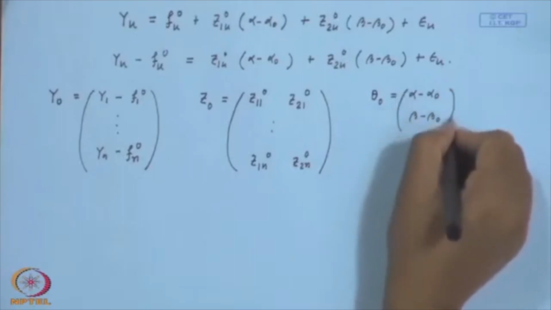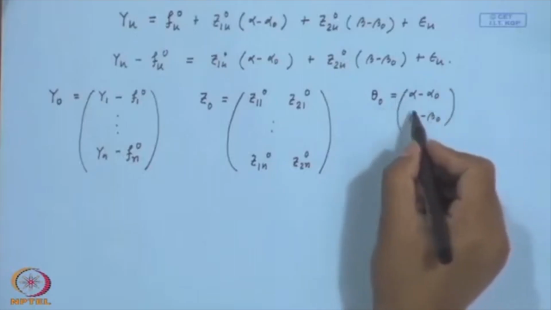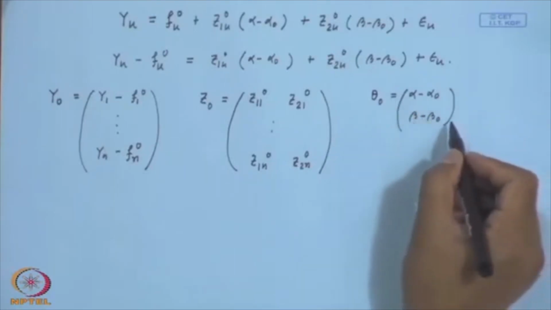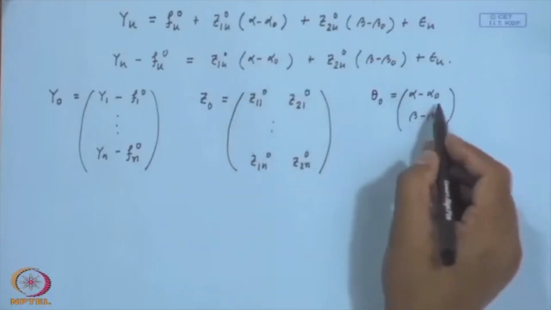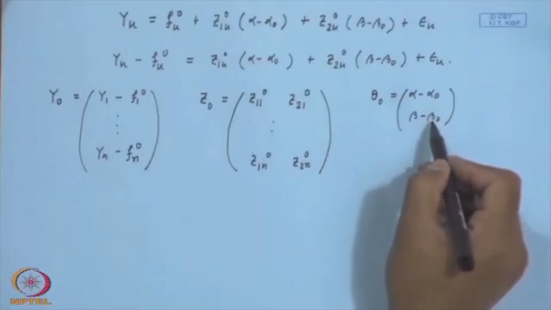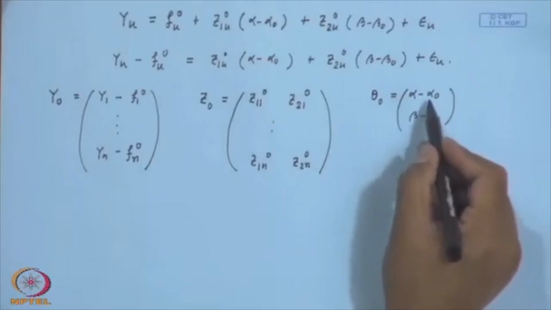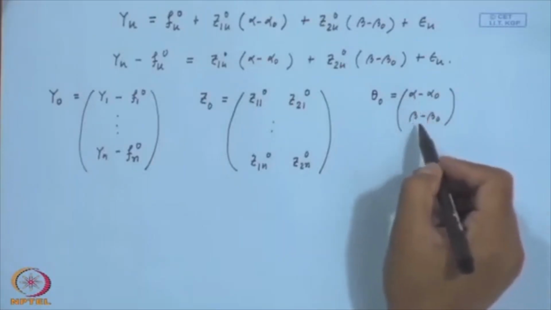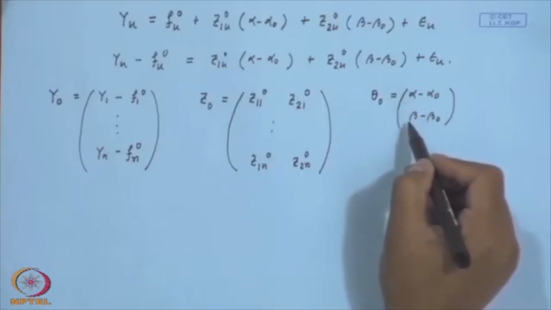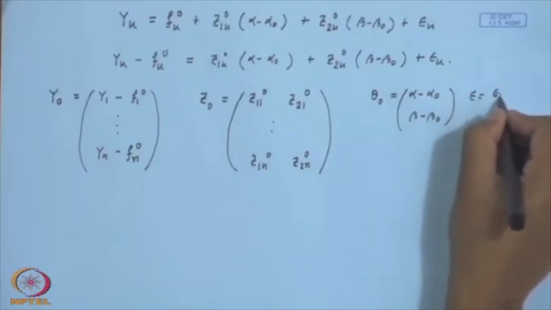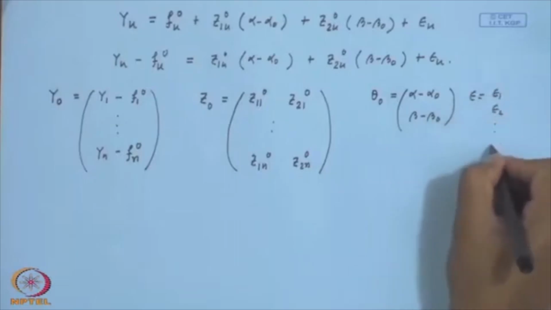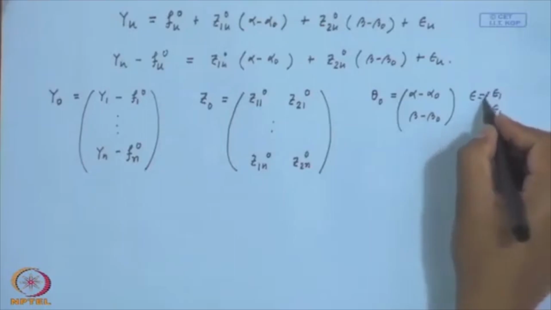So, we want to estimate the parameters alpha and beta, and we approximated this function about alpha naught and beta naught. We will see how to estimate alpha and beta, because that is what our aim is, and epsilon is, of course, epsilon1, epsilon2 up to epsilon n.